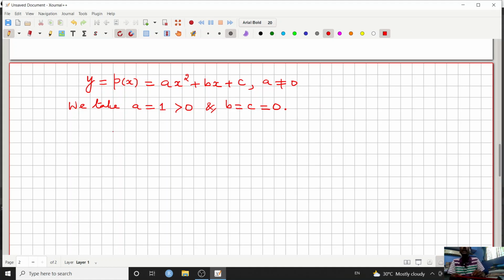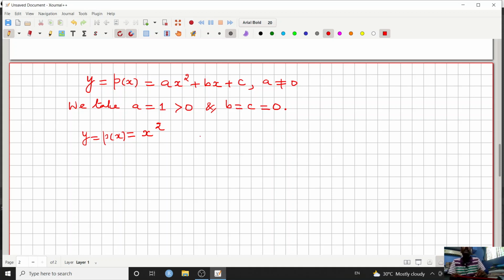So in that case what will happen? The quadratic polynomial takes this form. If you want, you can write like this: y is equal to p of x and that is equal to x square. That takes this form. Now let us try to plot the points.